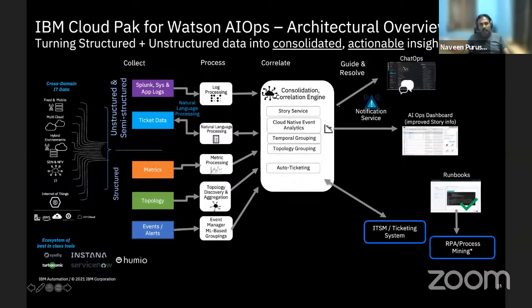Now, depending on what is coming from here, it could be a ChatOps process. This is another peripheral concept, ChatOps. In ChatOps, what happens is you are inviting a group of people into a collaboration space like Slack or Microsoft Teams. I'm sure all of you are using these kinds of tools. So you're inviting several subject matter experts into a collaboration space like that, and they collaborate and solve the problem.